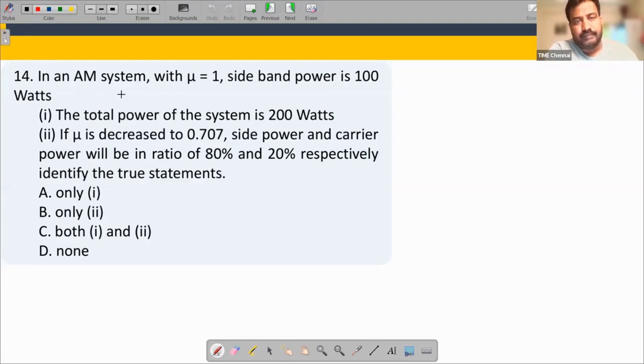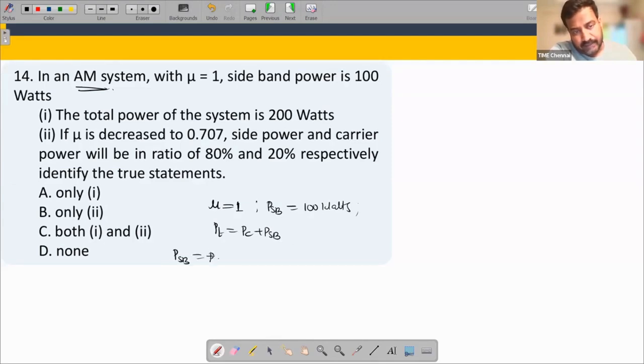In an AM system, mu is equal to 1. Sideband power is 100 watts. Find the total power. Total power is carrier power plus sideband power.